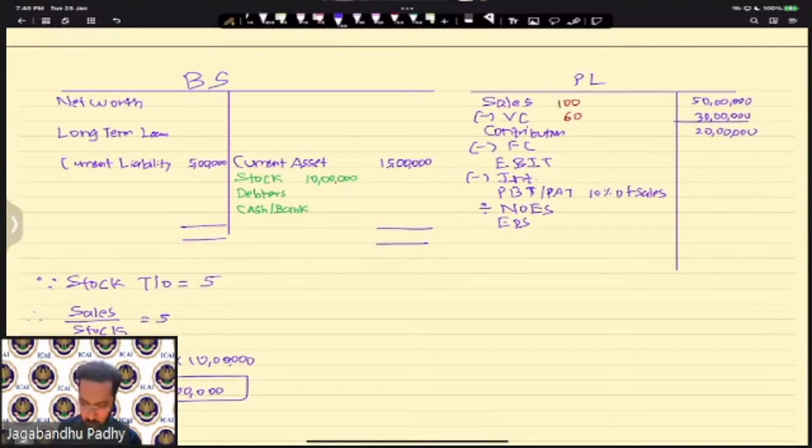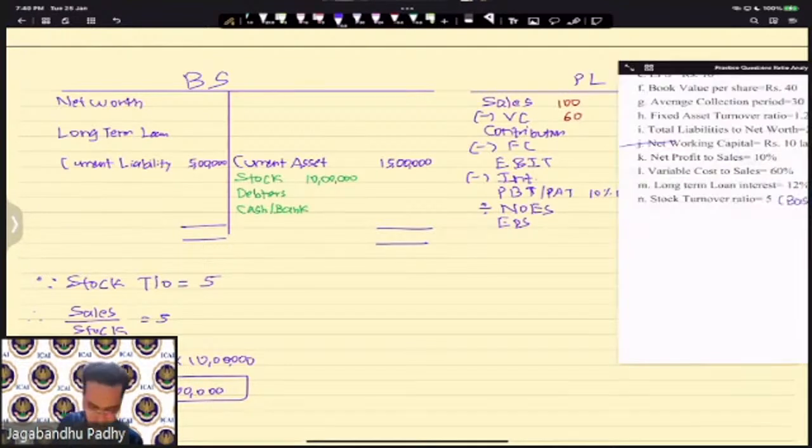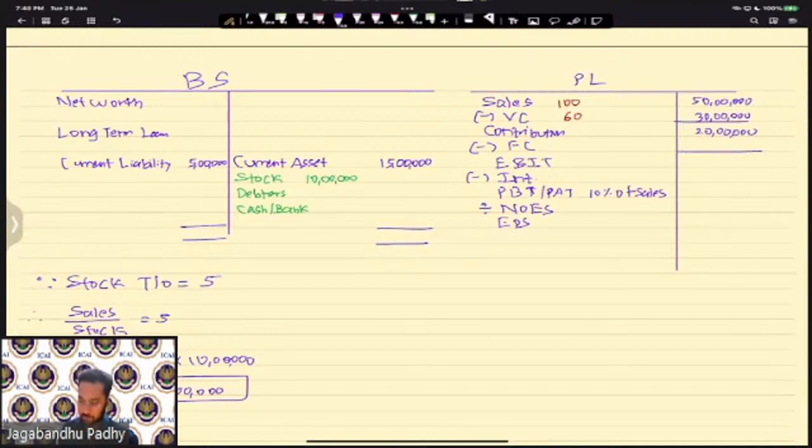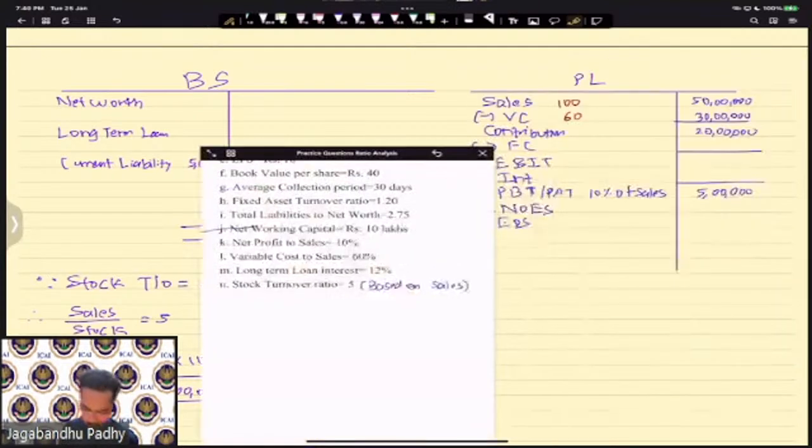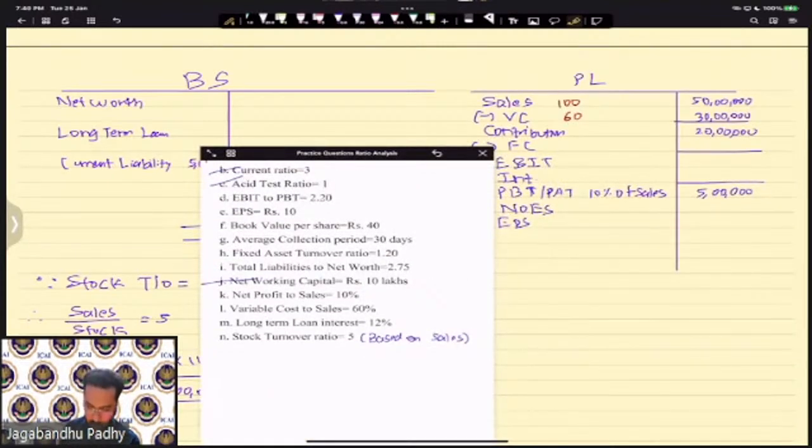We don't know about the fixed cost, what it is. We even don't know about what is the EBIT. Interest is also something not known, but we know that profit after tax or PAT is 10% of sales. So 10% of sales means profit is actually 5 lakh, right? Once we have this 5 lakh, now we will take help of that ratio of EBIT to PBT.